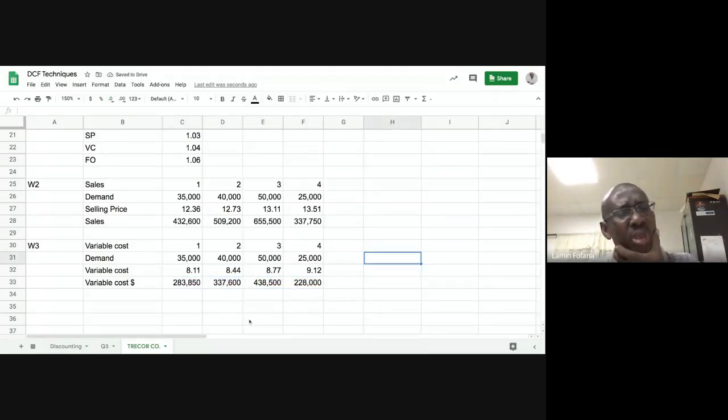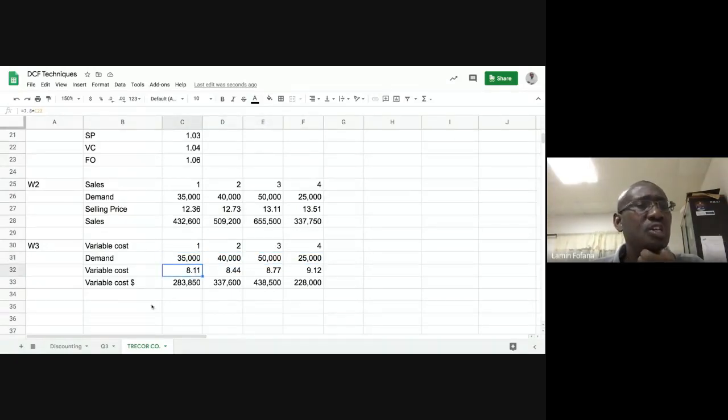Okay, so we are trying to calculate our variable cost in dollars. The same thing, the variable cost varies with the sales demand. So we are using the same sales demand. The variable cost we have been given in year 0 is 7.8. Okay, 7.8, and variable cost is supposed to increase by 4% year on year.